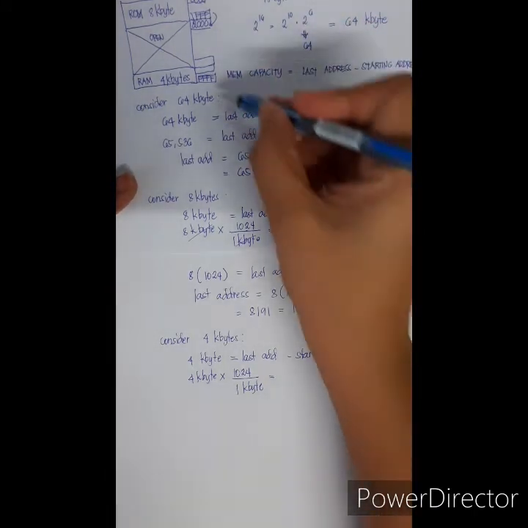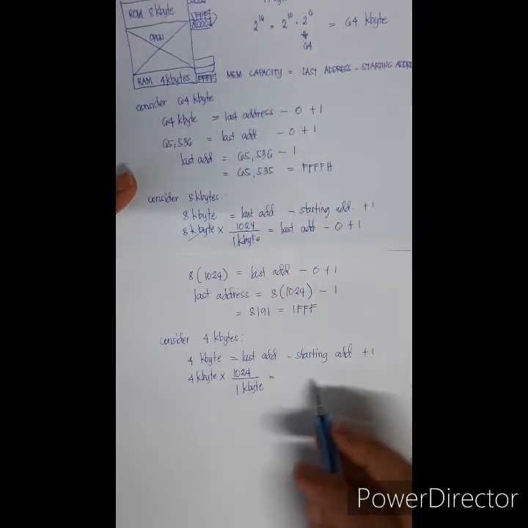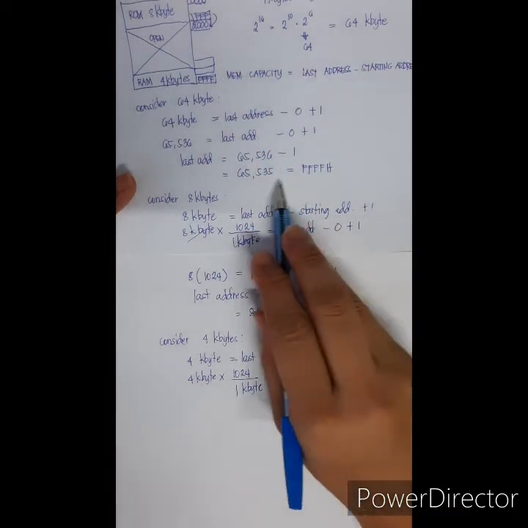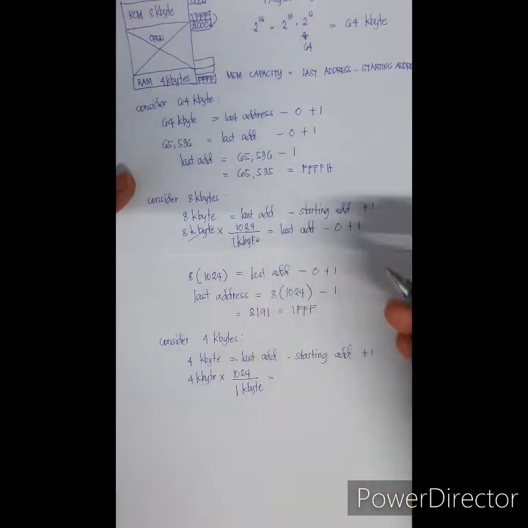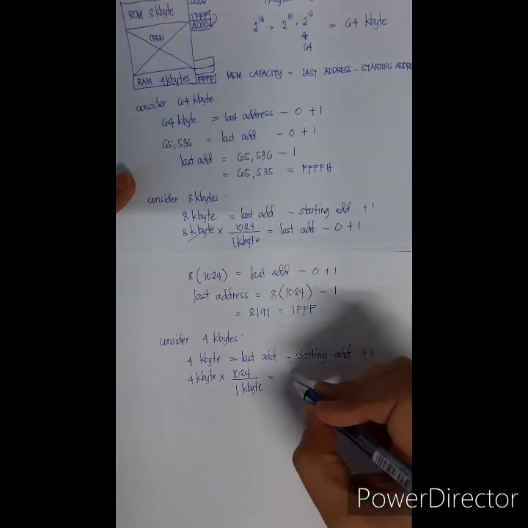And since FFFF is the same as 65,535 in decimal, that is what I will use.